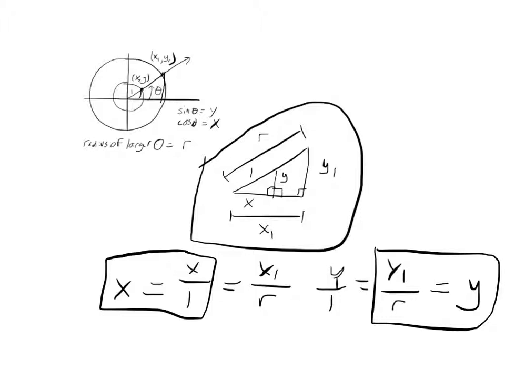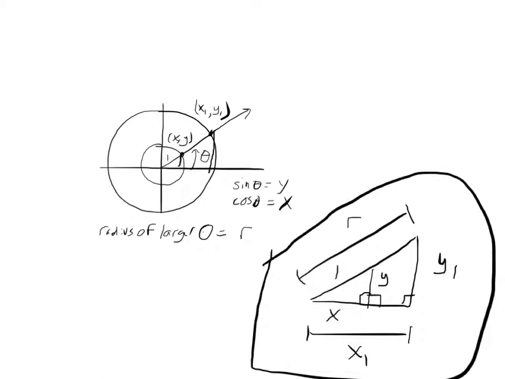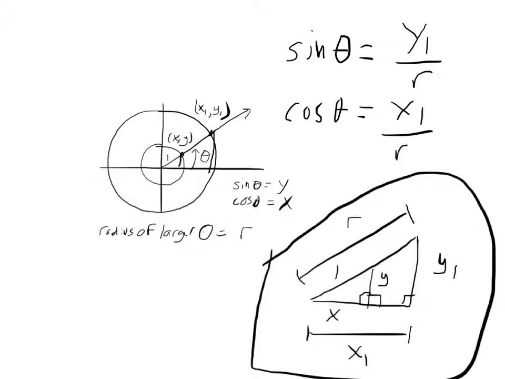If we consider our diagram here, let's blow it up a bit. What I've shown is that the sine of theta equals, in addition to y, y1 over r, and the cosine of theta is going to be x1 over r.